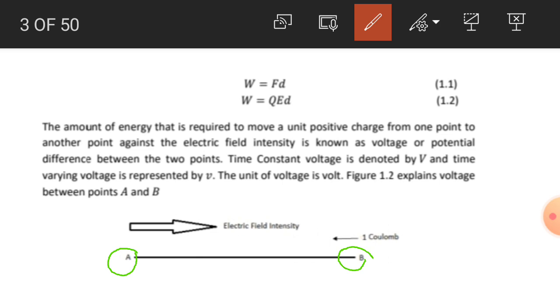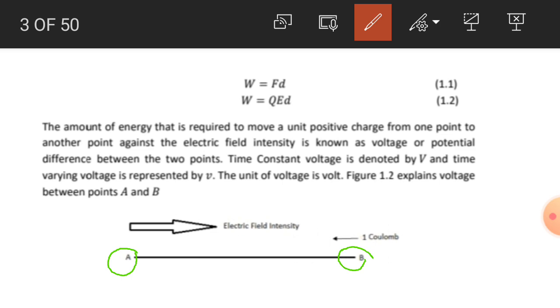And this electrical energy moves a charge from one point to another point. We know that the rate of the motion of charge is known as current. So the motion of the charge in a conductor is known as current.